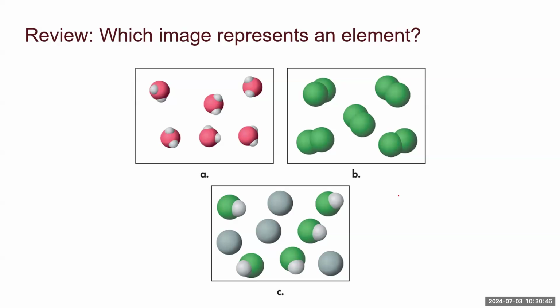But that's incorrect because of that other one. A, we dismiss as well, because that was 2 different elements that would make up a compound. So by process of elimination, we're left with B. B has 2 green balls making up one entity, one thing. That's our correct answer there.